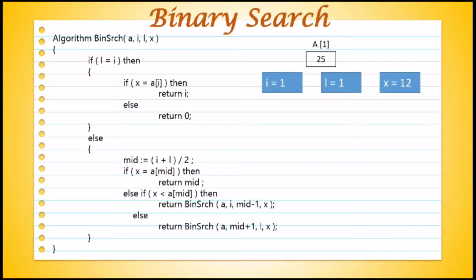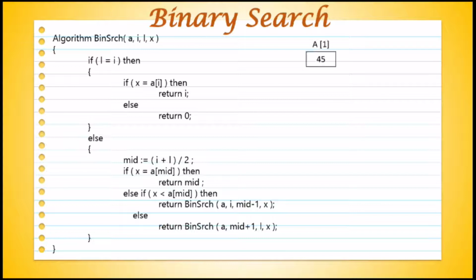That means we return the value in the else part, so we are returning 0. So in the given list, the searching element is not present.